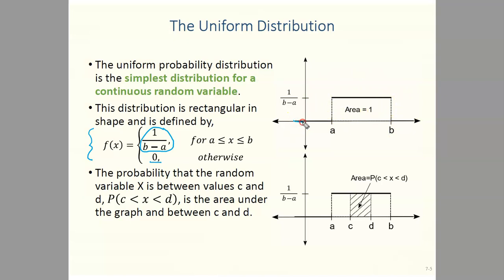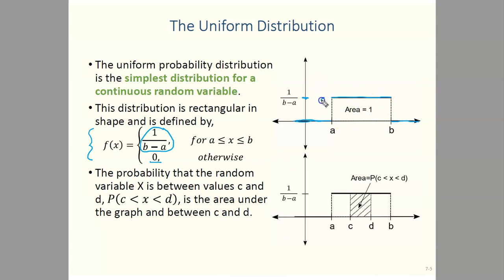So you see the function is 0 for x less than a. It's equal to 1 over b minus a for x between a and b. You see right there is the value 1 over b minus a on the y-axis. And then it's 0 for x greater than b. And the area underneath this rectangle must be 1.